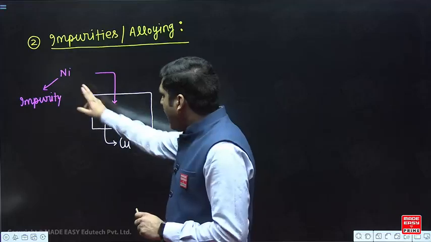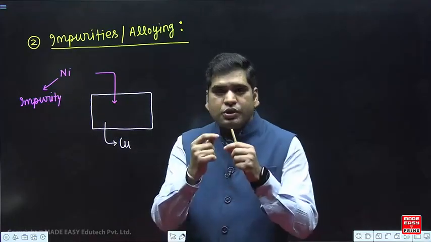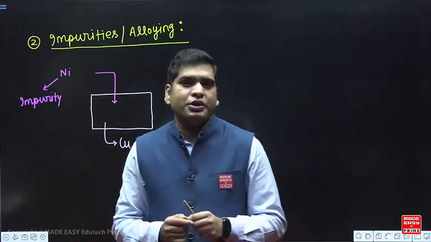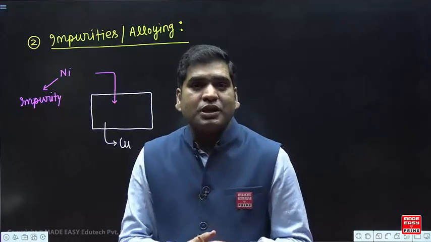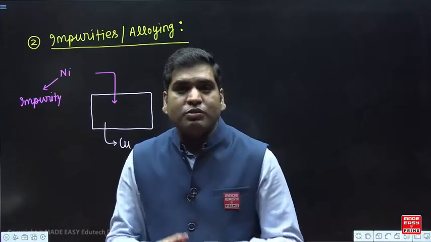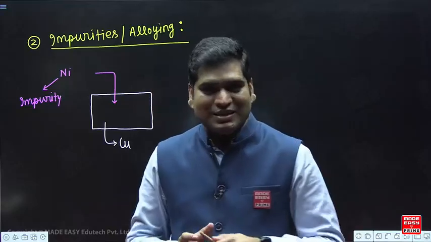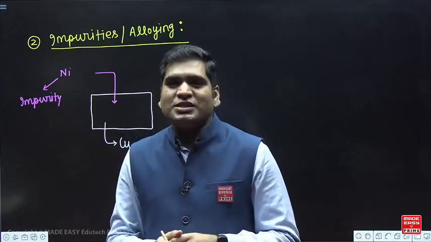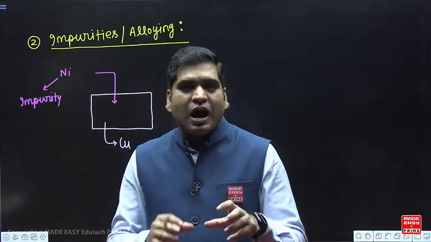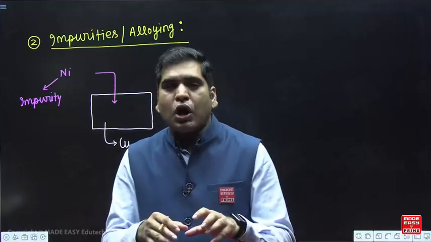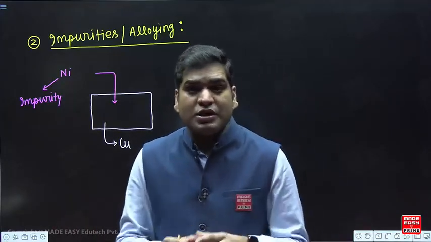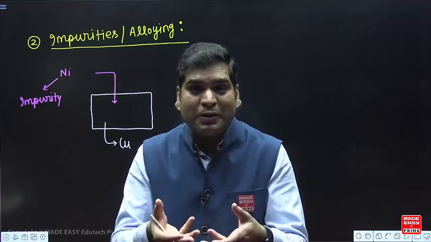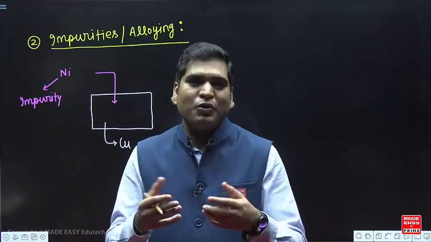So as you are adding nickel, you are increasing the defect in the material. And if defect is increased, mobility will come down, conductivity will come down, resistivity will increase, right? So my point is that the resistivity of an alloy is always greater than the resistivity of a pure metal, because an alloy has more defect in comparison to the pure metal.